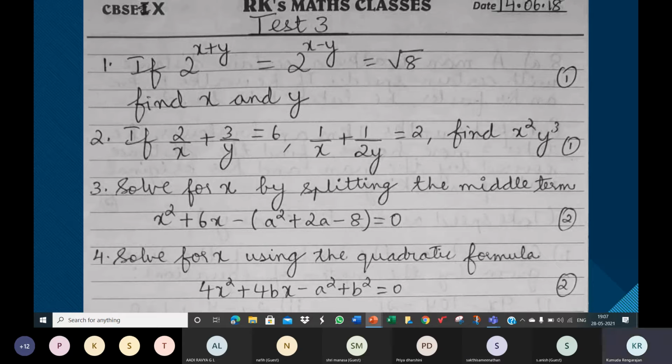In the exponential form, correct. 2 root 2 is correct. In the exponential form, 2 power 3 by 2. Yes. Then I think you have the idea to also proceed.